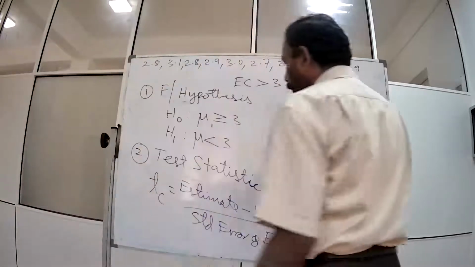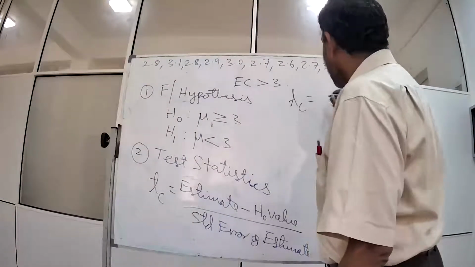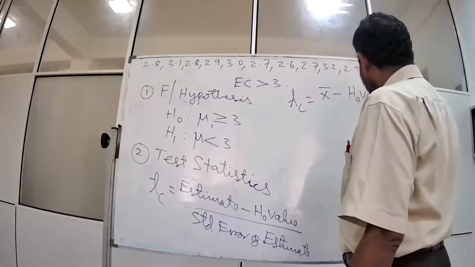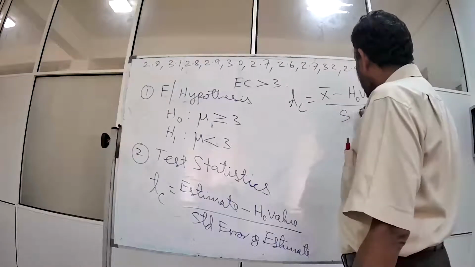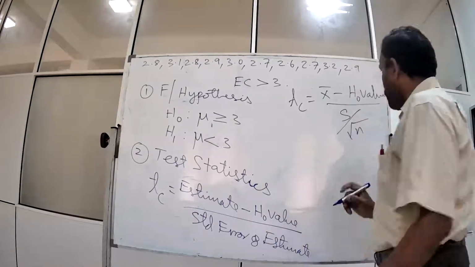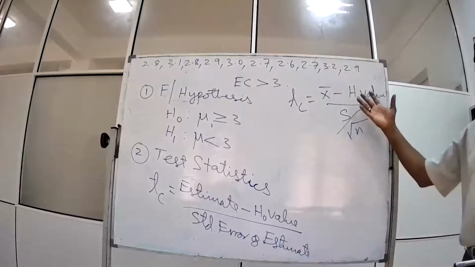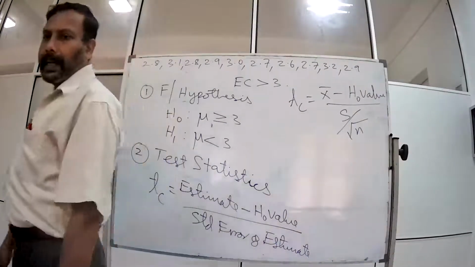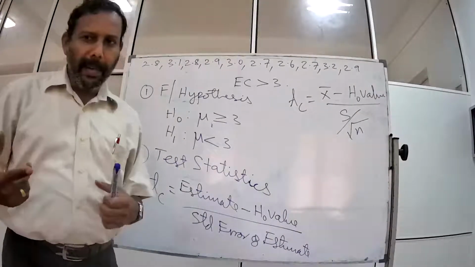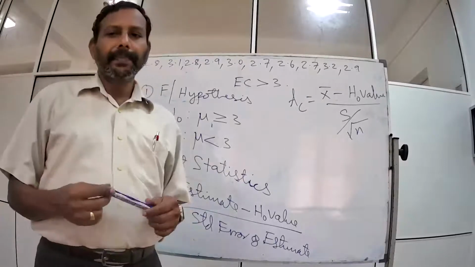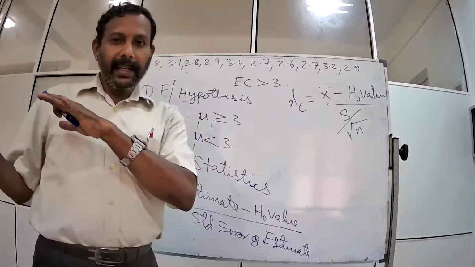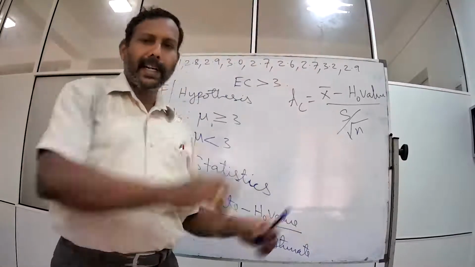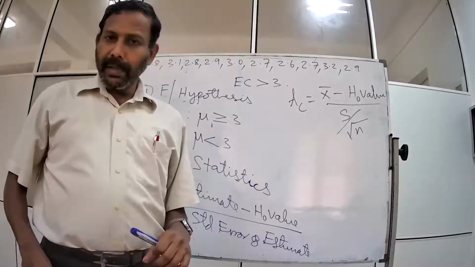So it continues: TC is equal to X bar minus the hypothesis value, divided by the standard error of the estimate. This is how we write the formula, and you should remember it. Can you remember two weeks ago we talked about a normal distribution being converted into a Z distribution?